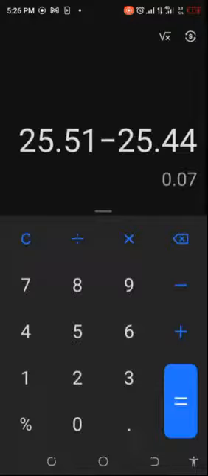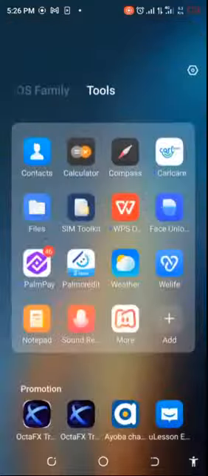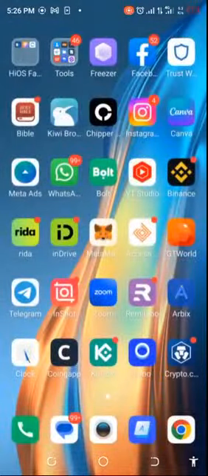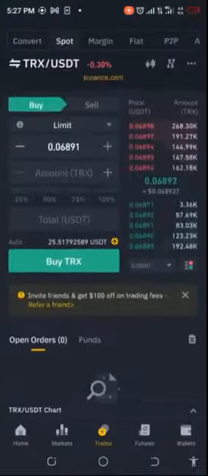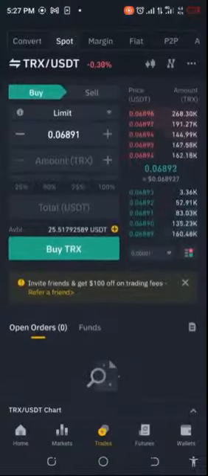Is because I'm using a small capital and the transfer fees are the same except for the trade fees. The transfer fees remain the same. So for instance, if I use the $200, by the time I'm coming back, I will pay the same 1 TRX for $200 worth of TRX.